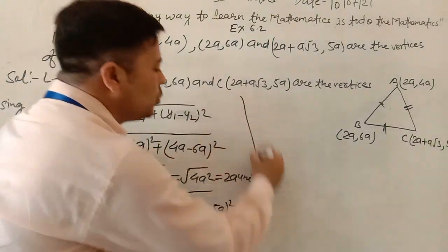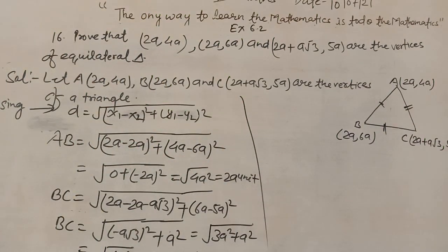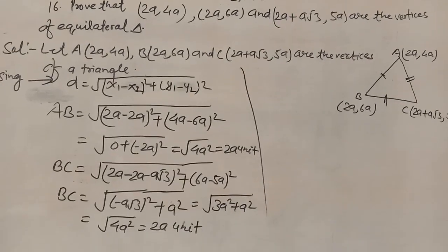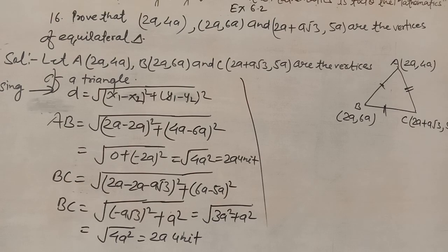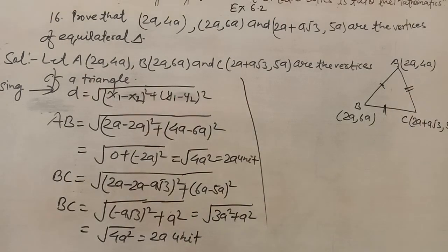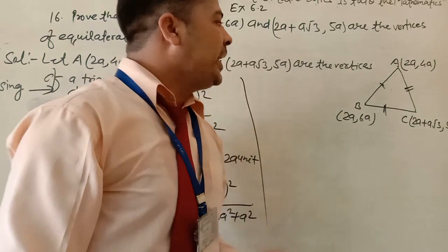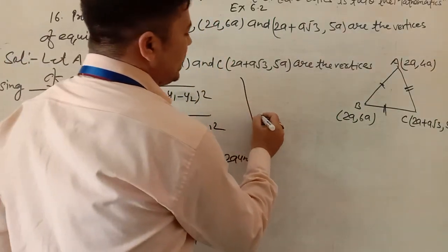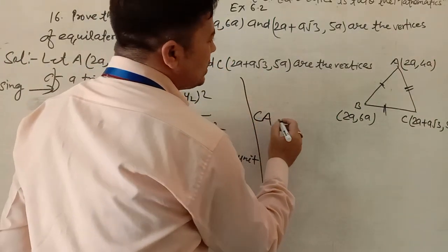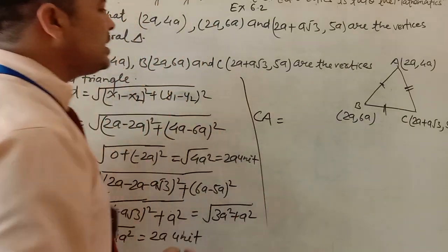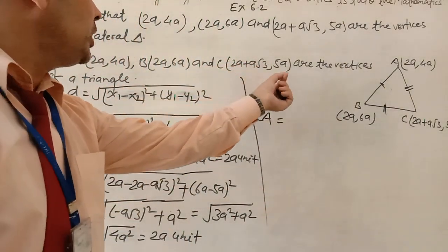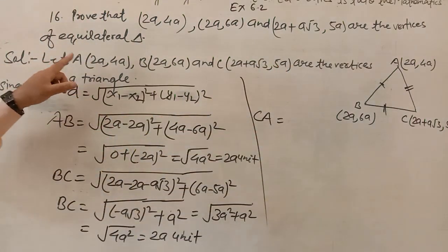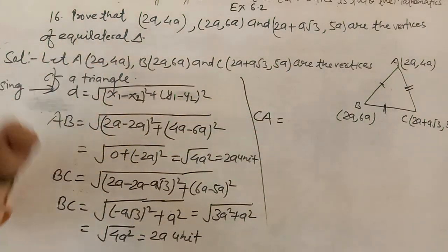Now we need to find out the value of CA, the distance between C and A. Here the point C is (2a plus a√3, 5a), and the point A is (2a, 4a).